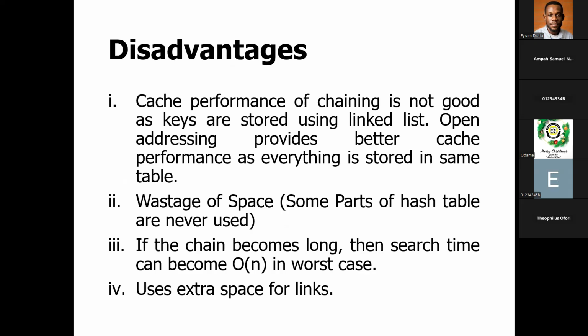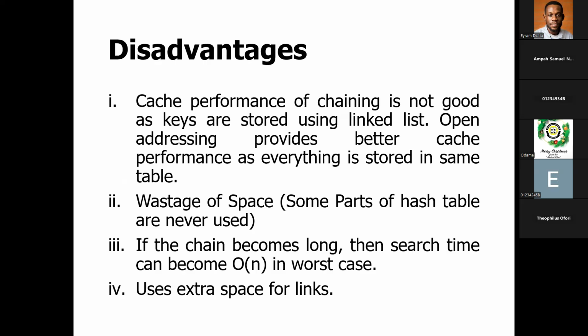Now, some disadvantages. The cache performance of chaining is not good, as the keys are stored in linked lists. Open addressing provides better caching, like we saw in the previous example. Then there is wastage of memory or space, so some parts of the hash table are never used if you are following the chaining approach.